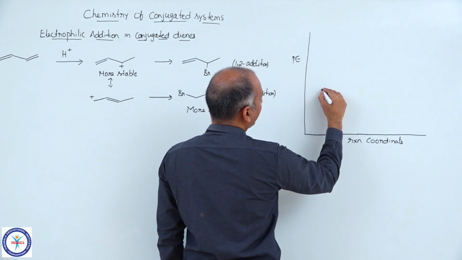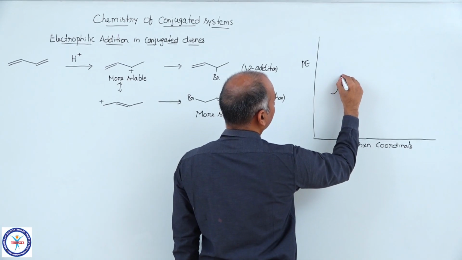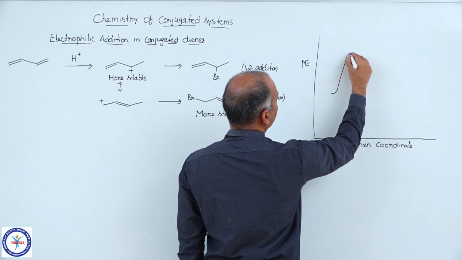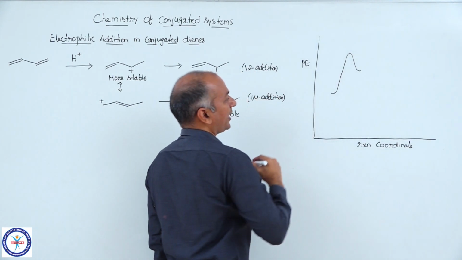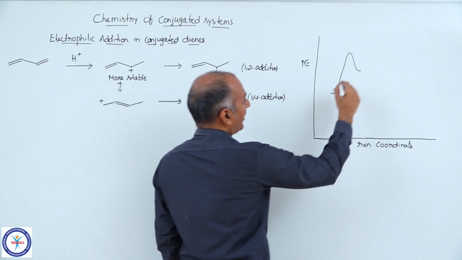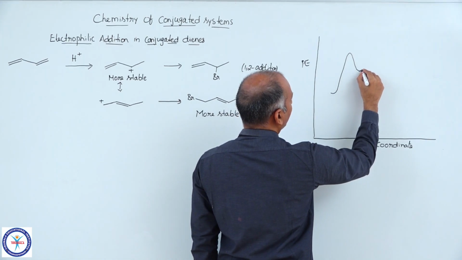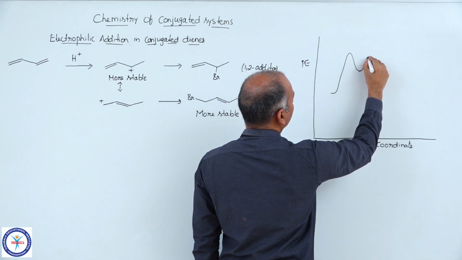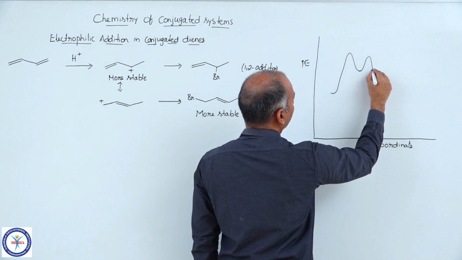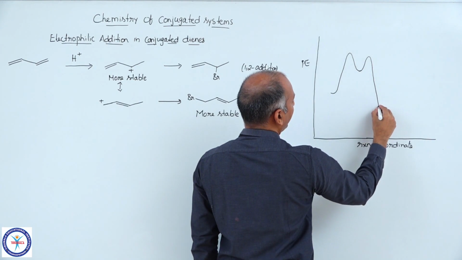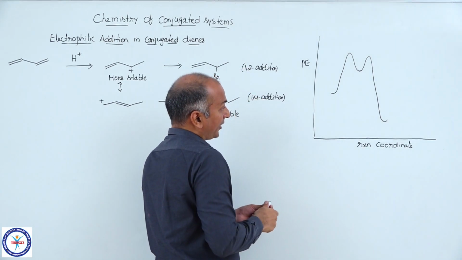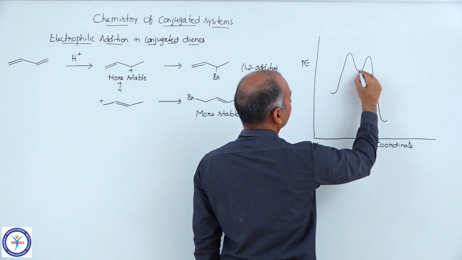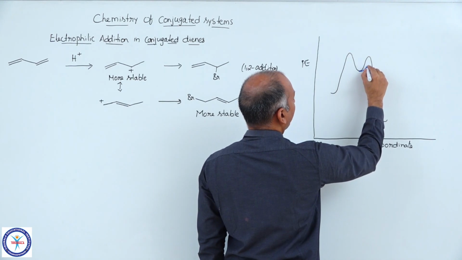This is the reactant 1,3 butadiene. This is the first step, which is the rate determining step, and here we have the intermediate, and this intermediate goes into the further reaction and you will get the product finally. This is one pathway, and another pathway is this one.